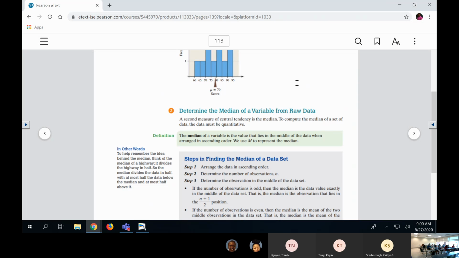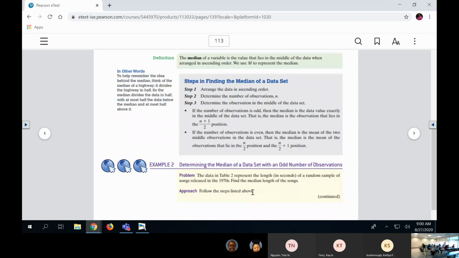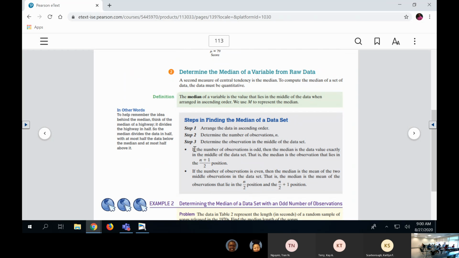Okay, if n, and it says it down here, and I want you to make a note of this, if the number of grades, I'm going to say grades because you understand that better, if the number of grades is odd, you just pick the middle number. You got to organize them first, put them in order, and then you pick the middle number.